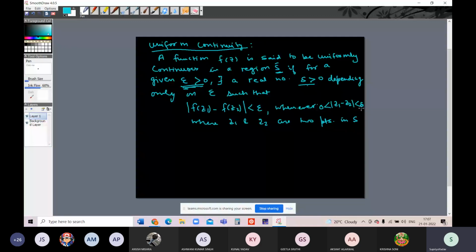So if we have any z1 and z2 in this S whose distance is less than delta, say we have a region S, we can choose any z1 and z2.